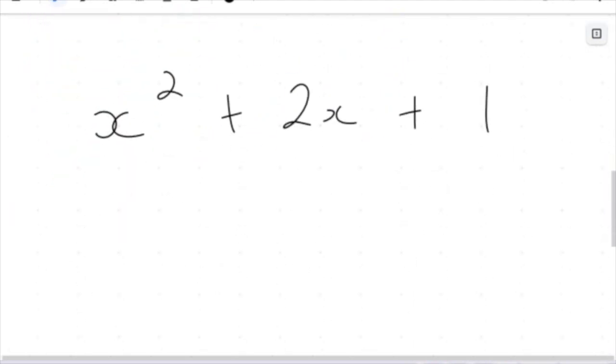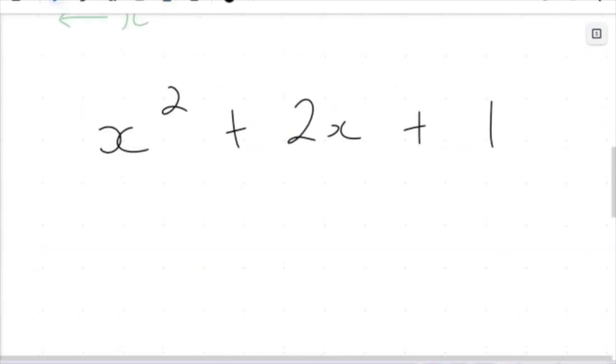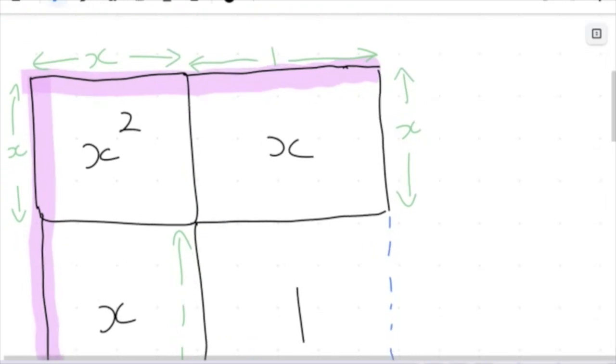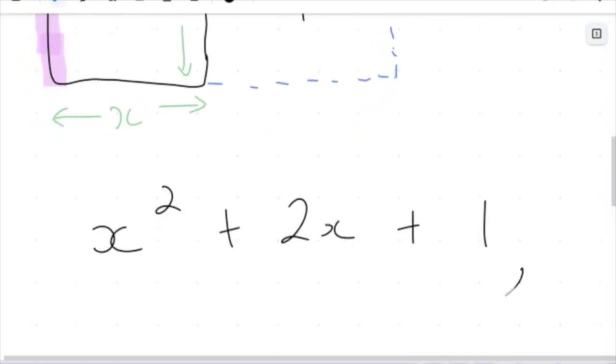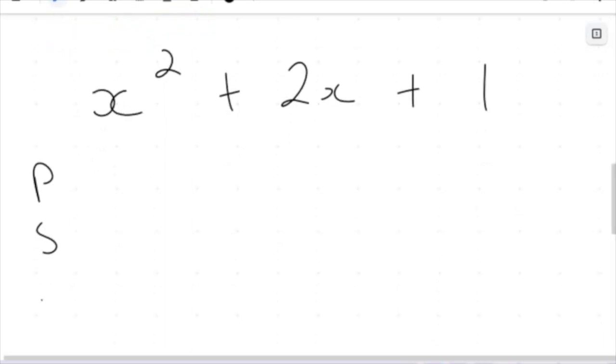And once I've added this, I just need to factorize this now. Some of you, if you've clued onto this already, can probably already see what my total thing is going to be when I factorize this. That's just going to be one dimension by the other. But let's just double check this with PSF, which we learnt when we factorized monic trinomials.